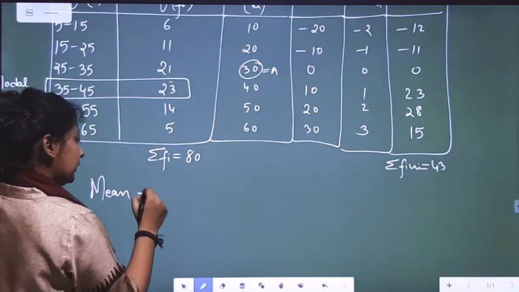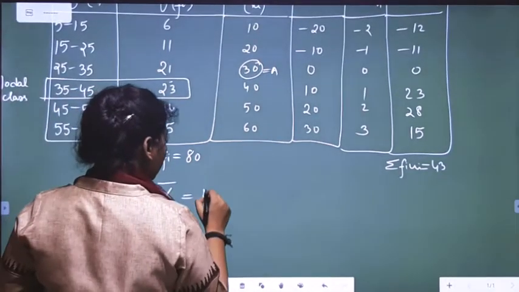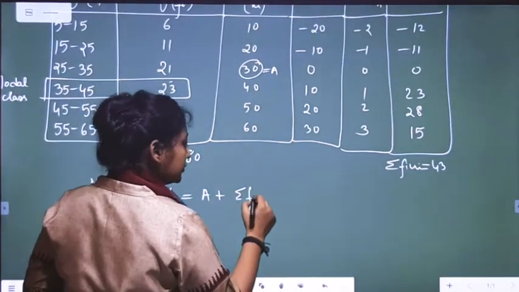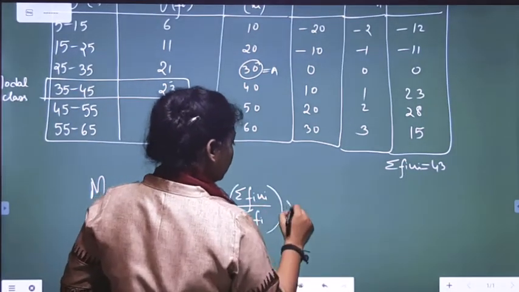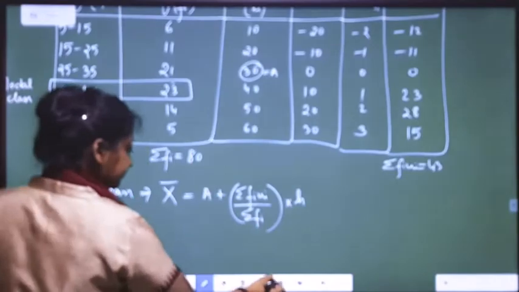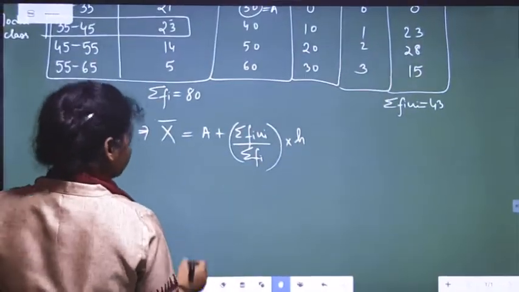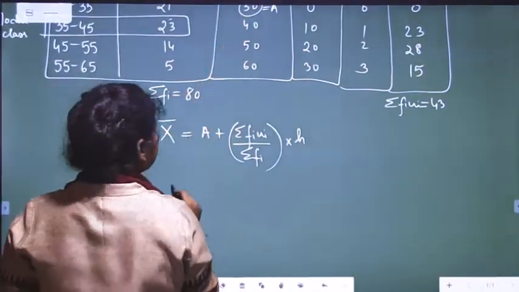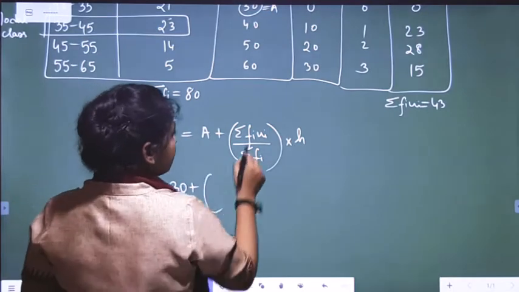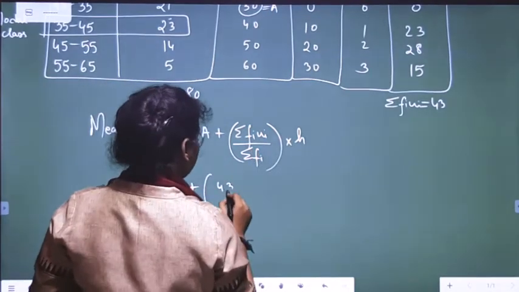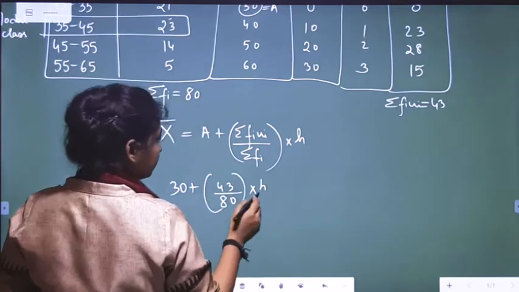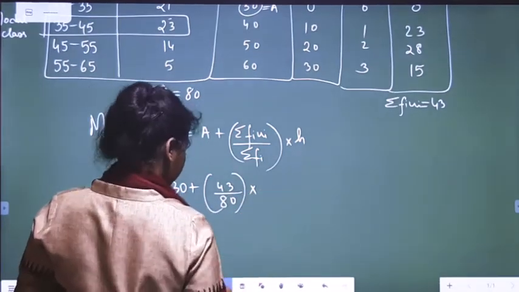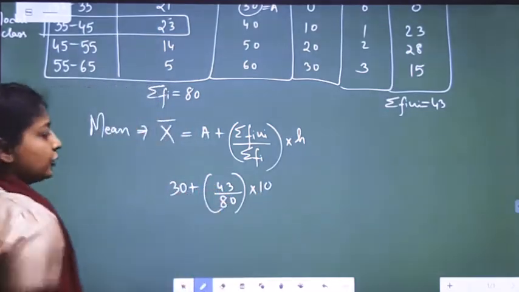Okay, now for mean we apply the formula x bar equals assumed mean plus summation fi ui upon summation fi into h. Assumed mean, we considered 30 to be our assumed mean. Summation fi ui is 43, summation fi is 80, and the class size is 10.